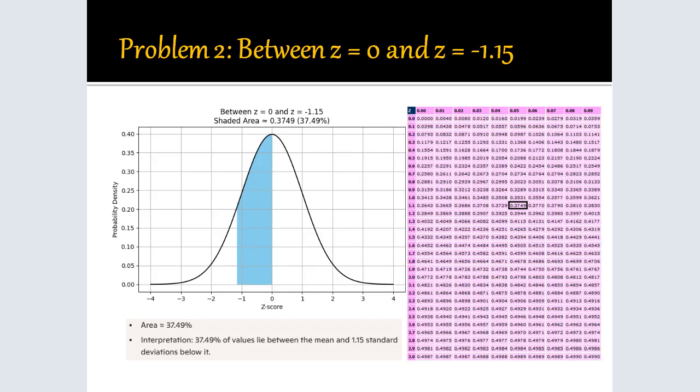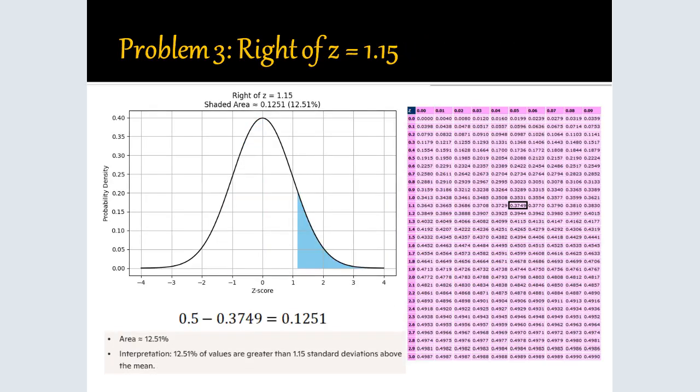Okay, so let's have another example. Right of z is equal to 1.15. What we can get in the z table is from 0. From 0 to 1.15 is 0.3749.